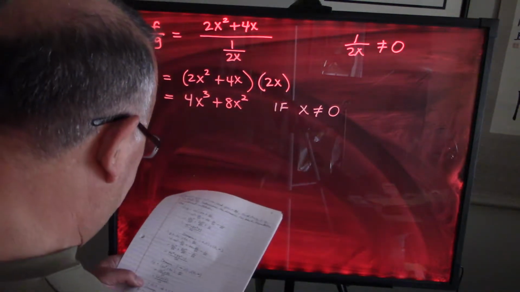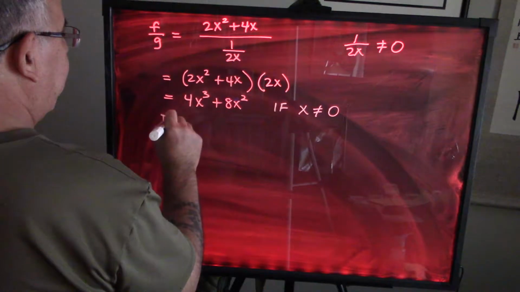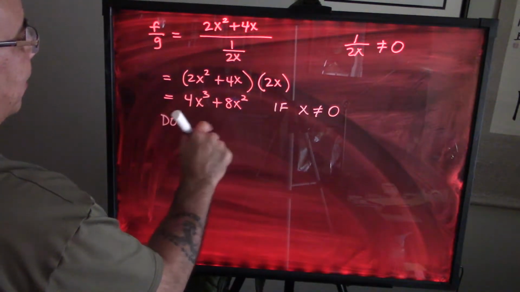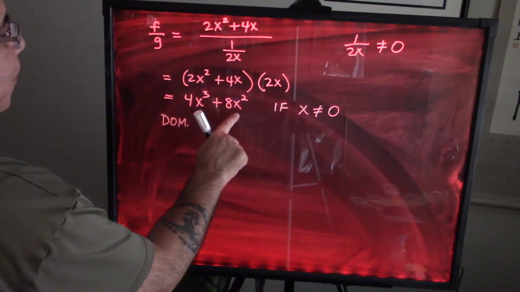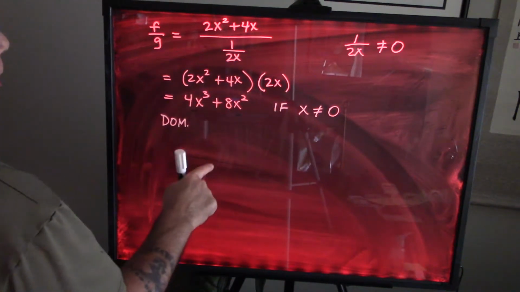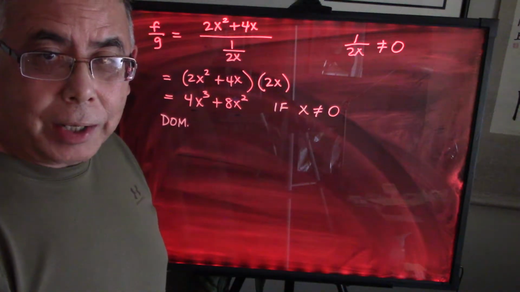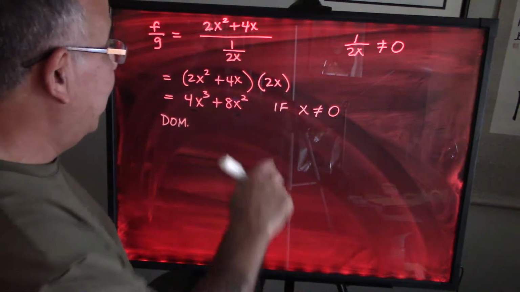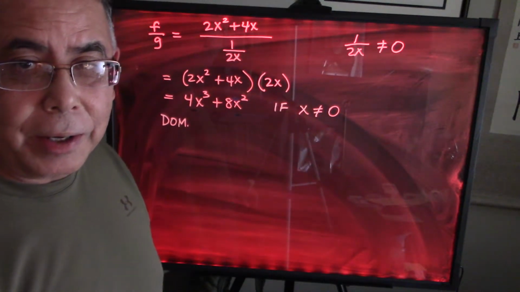So there you go. If you graph this polynomial, and then you graph this, they're going to look exactly alike except at one point, when x equals 0. There's going to be a hole in this graph which won't appear in this graph.